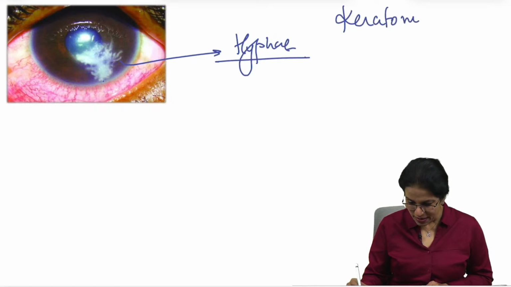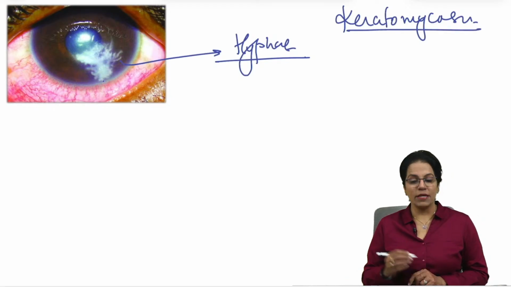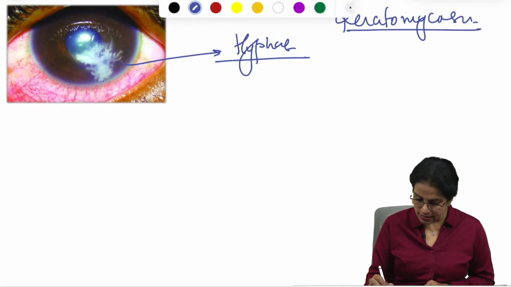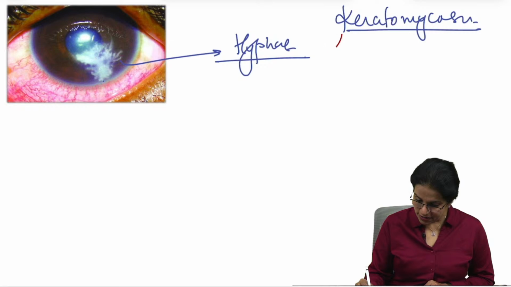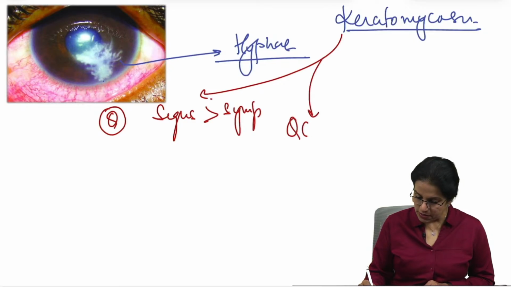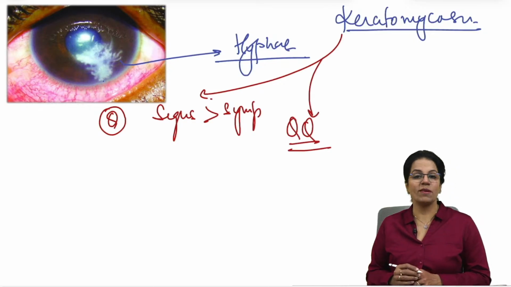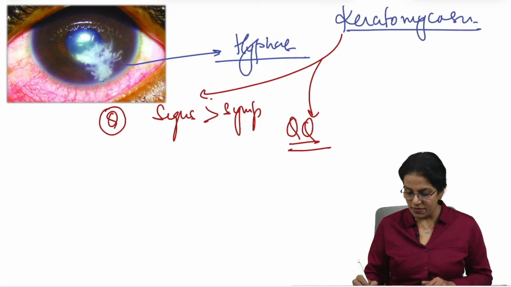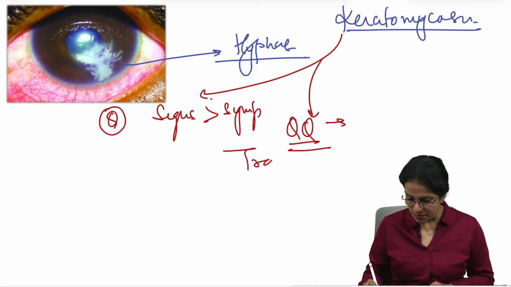So, keratomycosis. What are the questions to be asked in the exam? First, the signs are more than the symptoms compared to bacterial. Why will you get keratomycosis? A repeated question. Because of trauma by vegetative matter or organic matter.